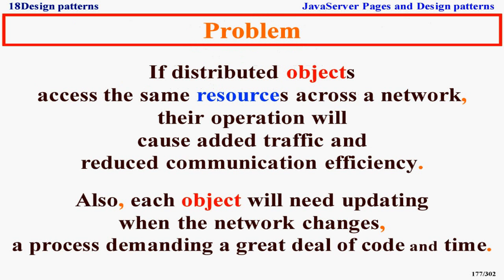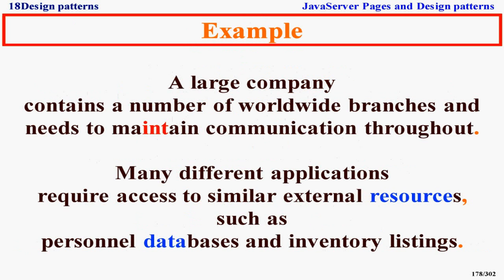Problem: if distributed objects access the same resources across a network, their operation will cause added traffic and reduced communication efficiency. Also, each object will need updating when the network changes, a process demanding a great deal of code and time. Example: a large company contains a number of worldwide branches and needs to maintain communication throughout.